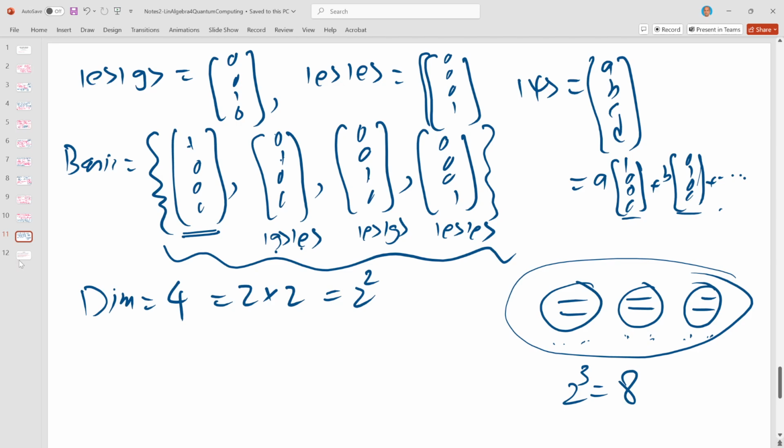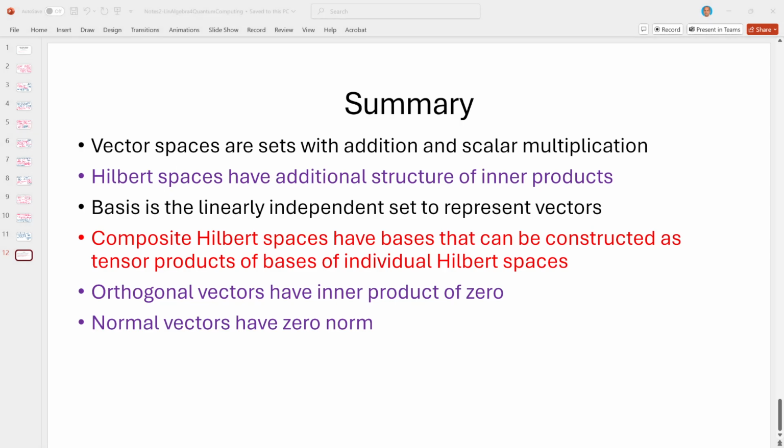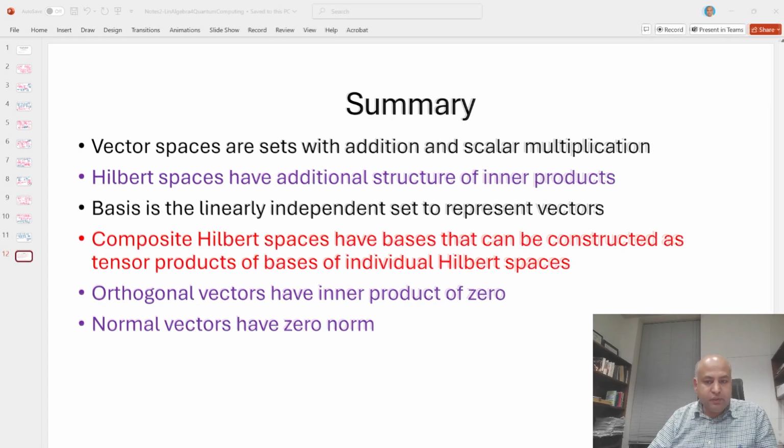And with this, let me conclude this topic. What we did is we defined vector spaces, which are just sets that have addition and scalar multiplication defined on them, and they're closed under addition and closed under scalar multiplication. If the scalar set is real, they are real vector spaces.